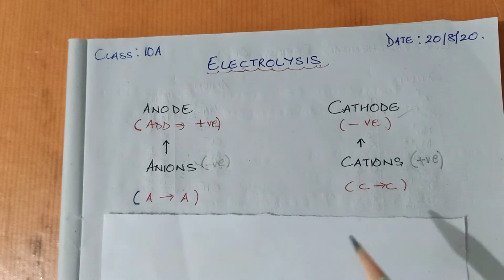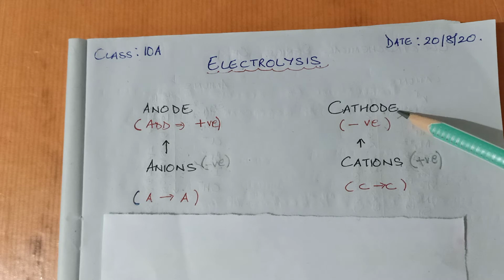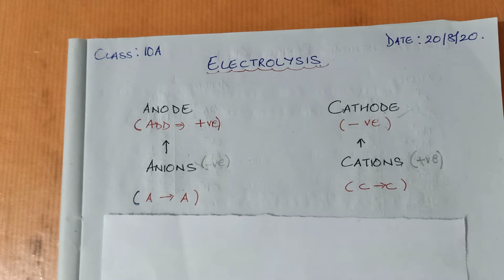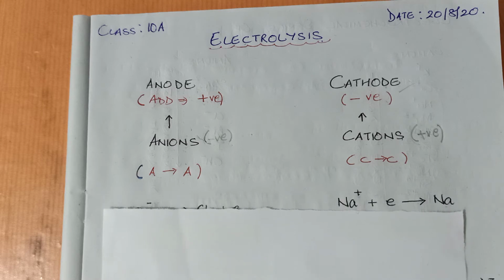Do not get confused over here. Cations are positive, whereas cathode is negative. This is how we are going to remember, as many students have confusion understanding these two simple concepts. I hope I have made you clear about this concept.